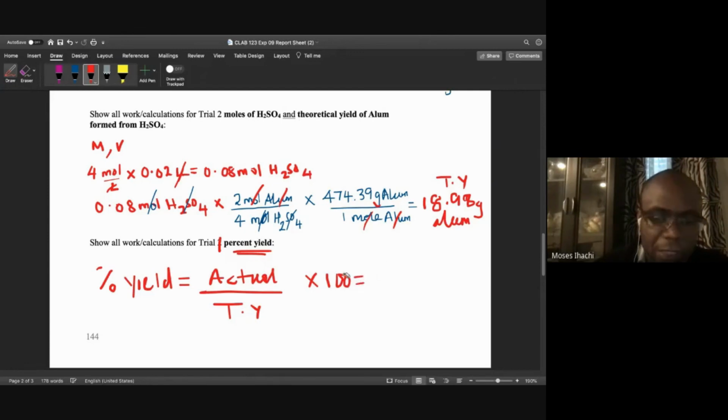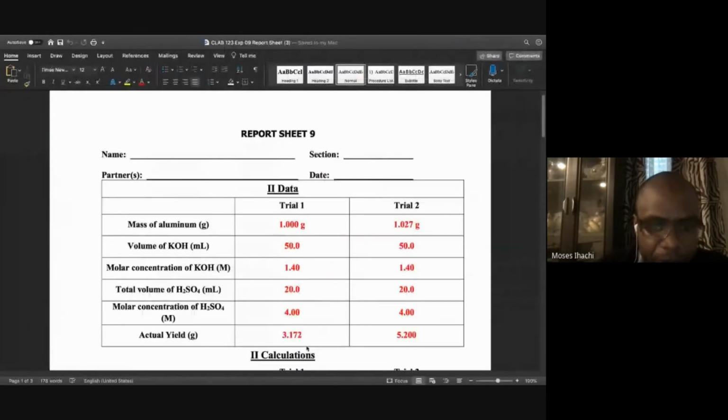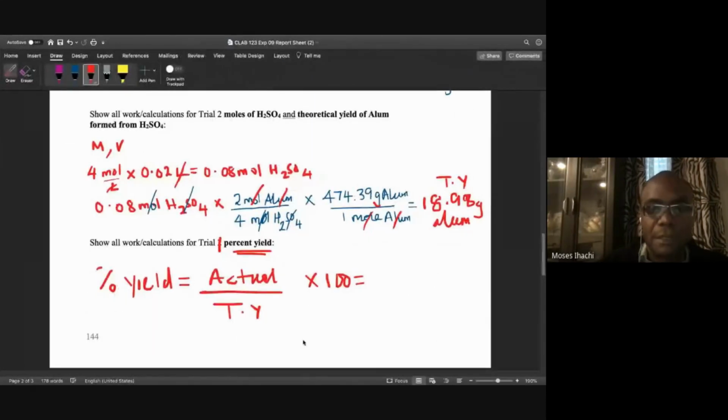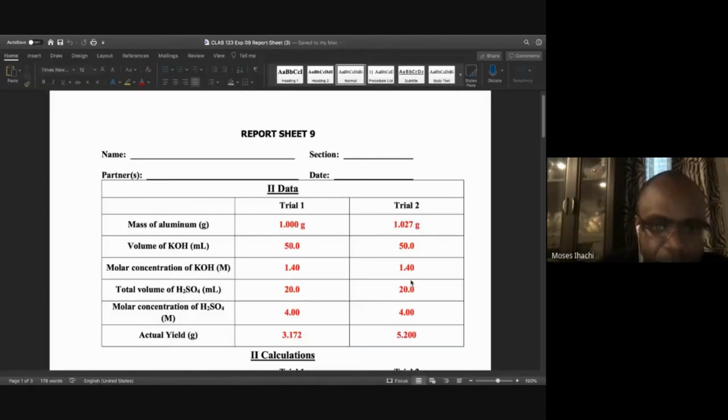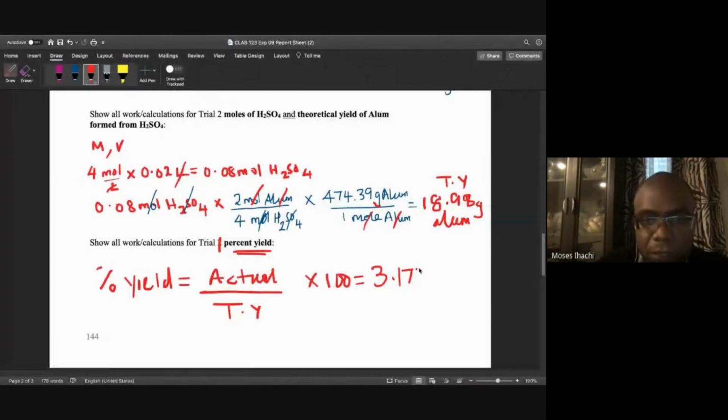So what was our actual yield on trial 1? My actual yield is 3.172 grams. I'm dividing that by the theoretical yield.